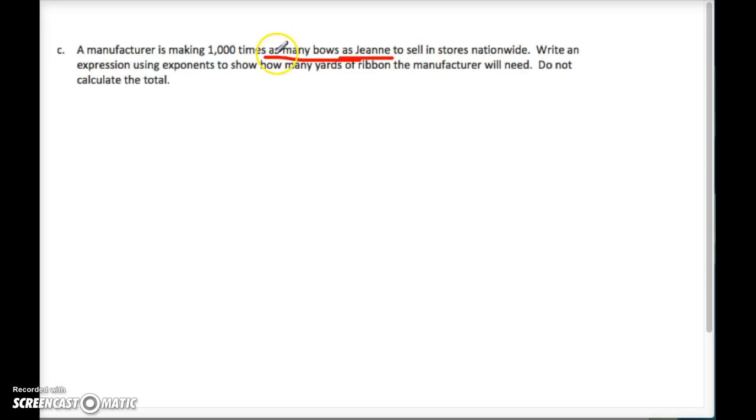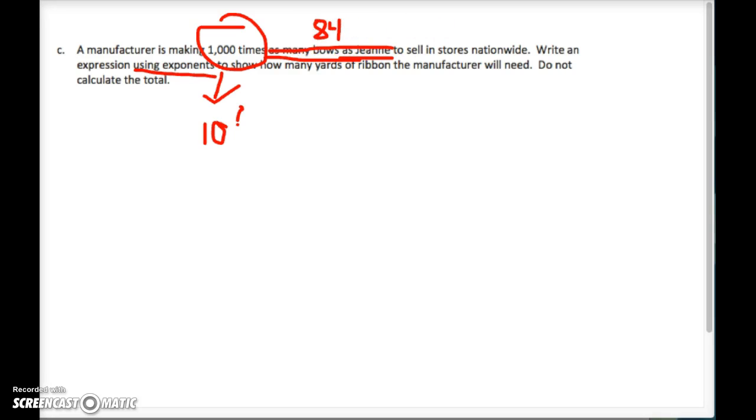So what I can do is I can take this out, and I'm really making 1,000 times 84, because that is how many bows Jan made. I need to write an expression using exponents. I know that exponents is when I have 10 with an exponent in this case. Okay, so we have talked about how to change 1,000 into 10 with an exponent.